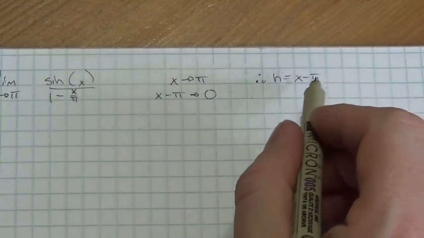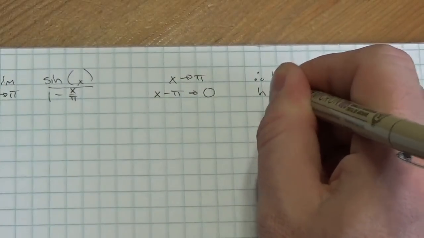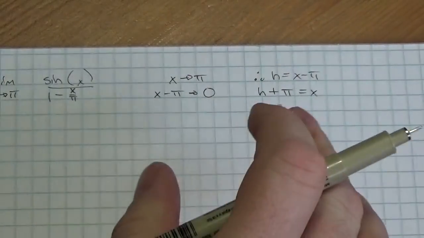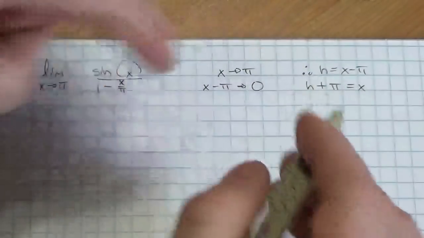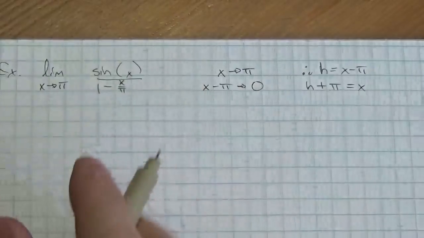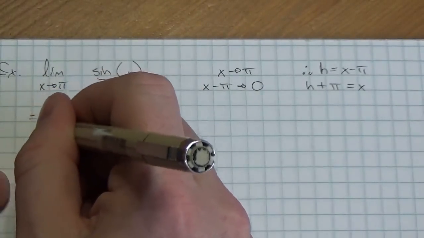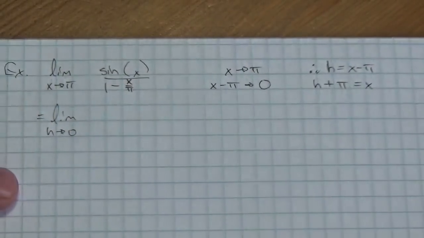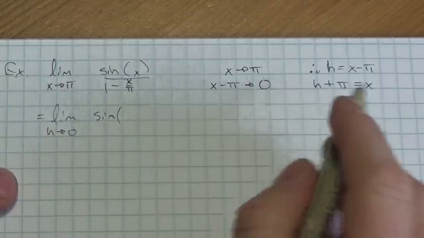And then to help me do a substitution, I'm going to bring that pi over so that h plus pi is equal to x. And I'm going to change the variable here. Just like I did a few minutes ago, I'm introducing this dummy variable h to change the expression. So now this will be equal to the limit as h approaches 0 of the sine of, well, what was x? x is h plus pi.